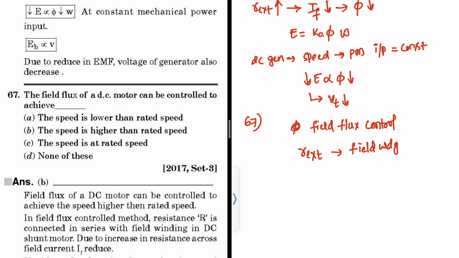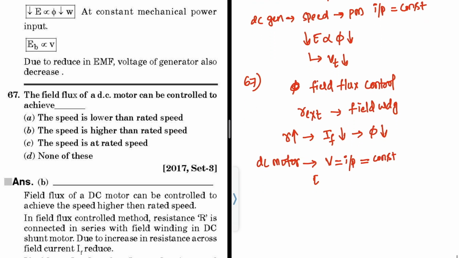Like the above case, resistance will increase, so field current will decrease, so field flux will decrease. But here they had given a motor. In a motor, input is voltage, so let me assume input as constant. So E equal to Ka phi into omega, and this is constant.